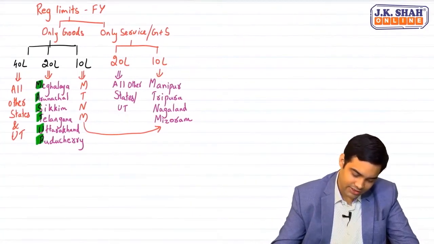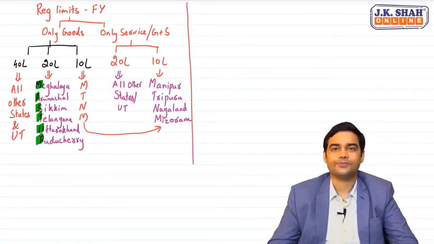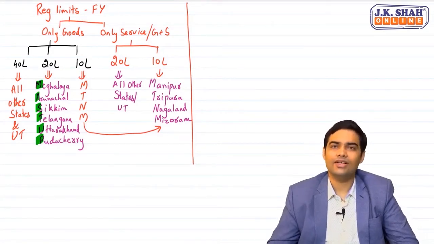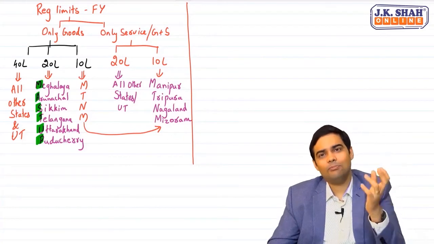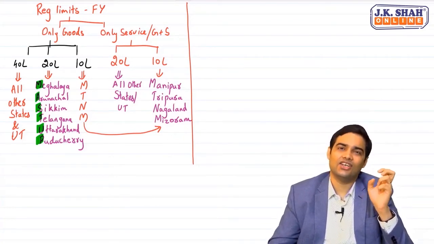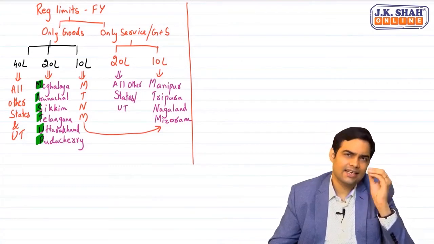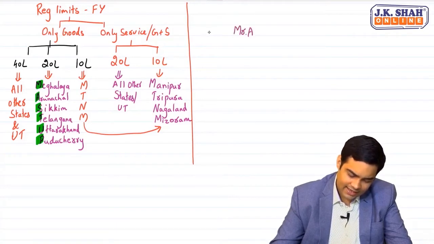Something very important. Now, whenever we talk about GST, the main benefit of GST is that tax paid on purchase can be adjusted against tax collected on sale. Let's take a small example. Say suppose Mr. A has made a purchase.